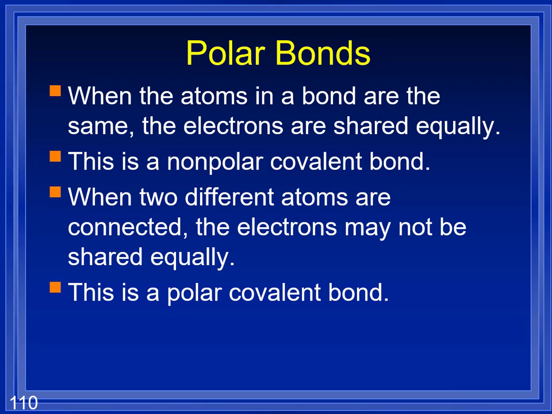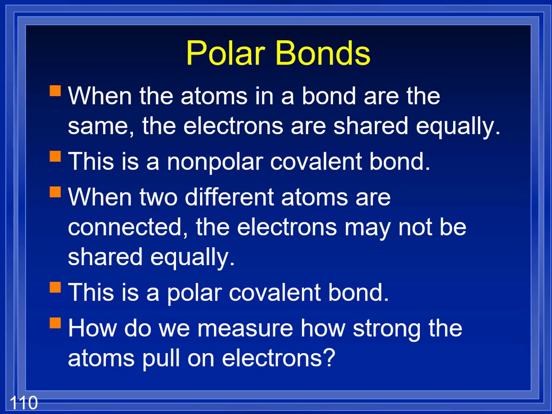Yeah? Okay, so what we need to remember is that we've already talked about how hard atoms pull on their electrons. That was one of our topics last semester. Anybody remember what we called it, measuring how hard it pulled on its neighbor's electrons? One word to describe that.